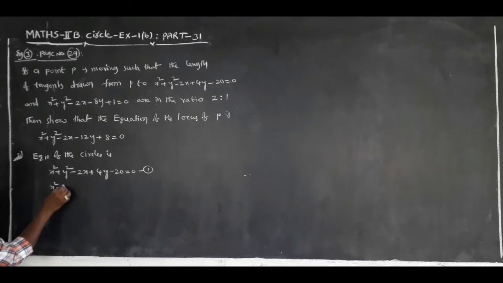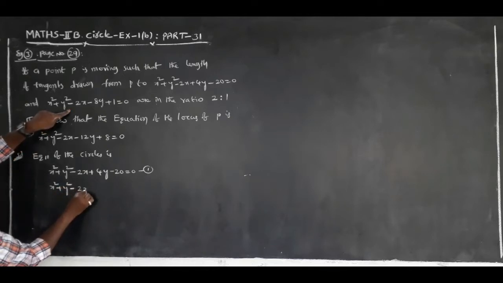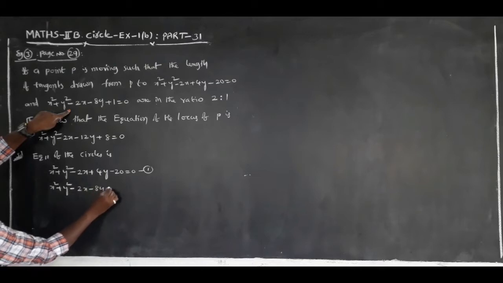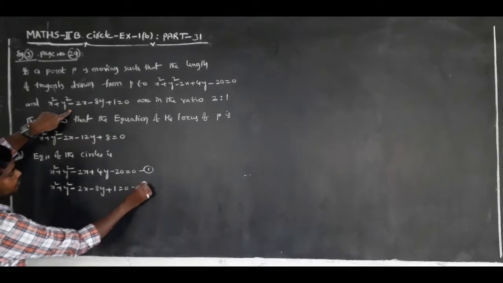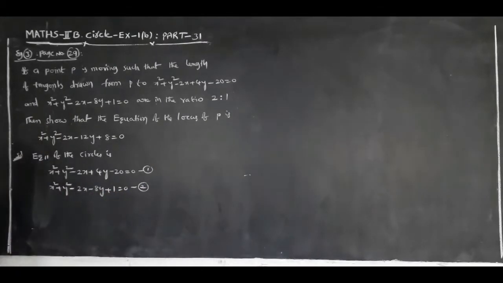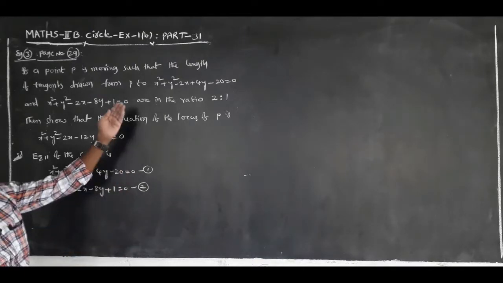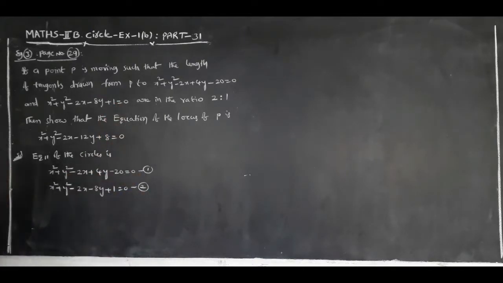Again second one, x square plus y square minus 2x minus 8y plus 1 is equal to 0. Here a point P is moving.